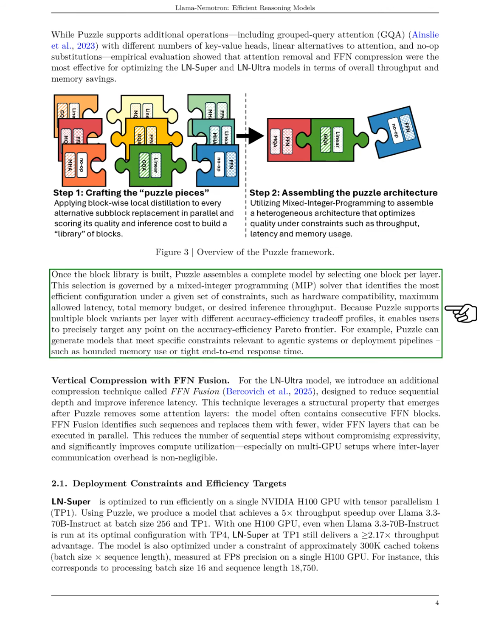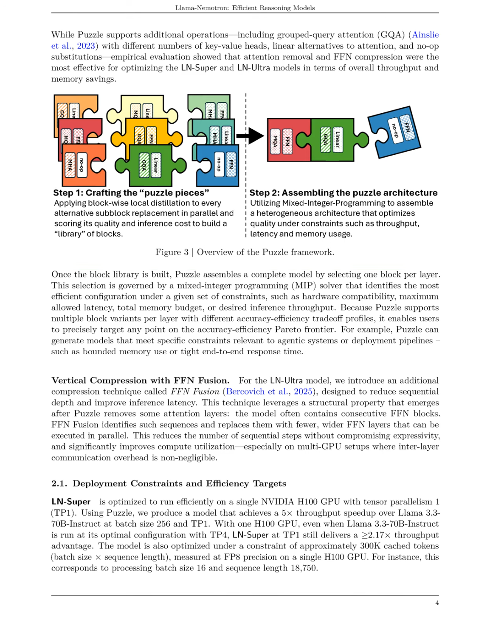Once we build the block library, we use a mixed integer programming solver to assemble a complete model, selecting the most efficient configuration based on specific constraints. This approach enables us to target precise efficiency and accuracy levels, making it suitable for various deployment scenarios. Section Summary.